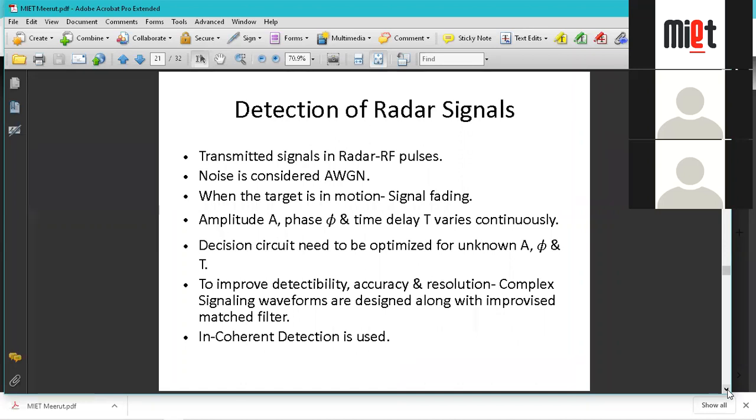So, transmitted signals in a radar system are RF pulses. And we have considered noise as AWGN with mean equal to 0.